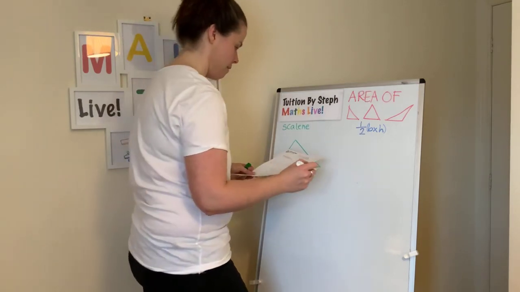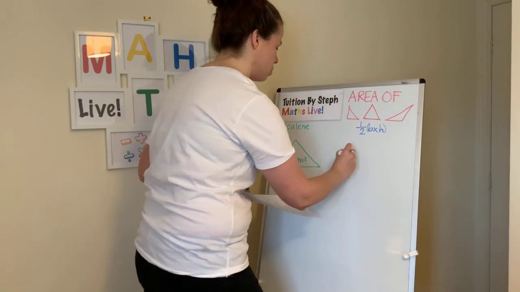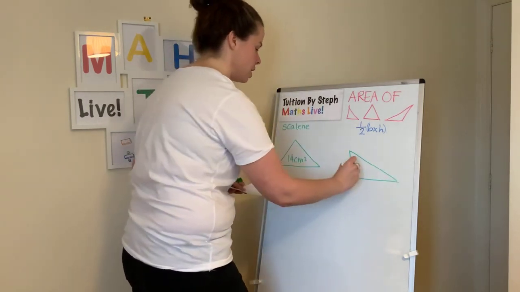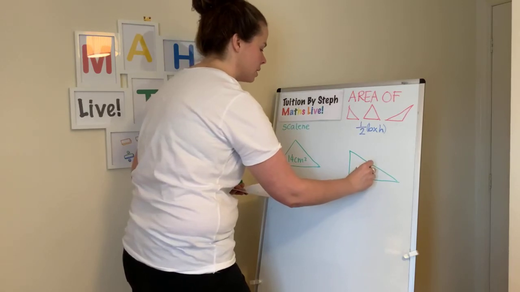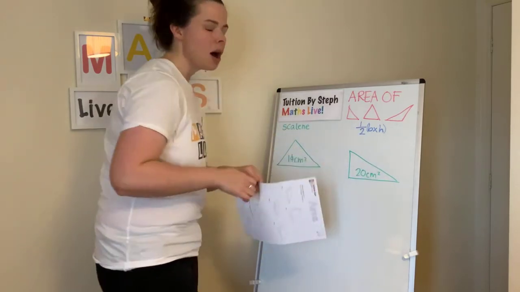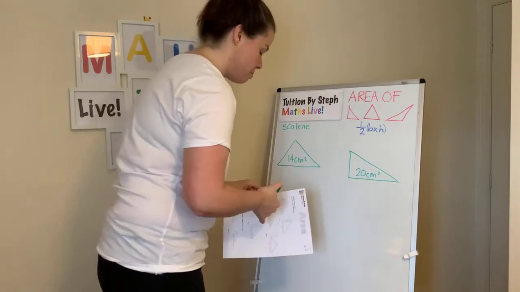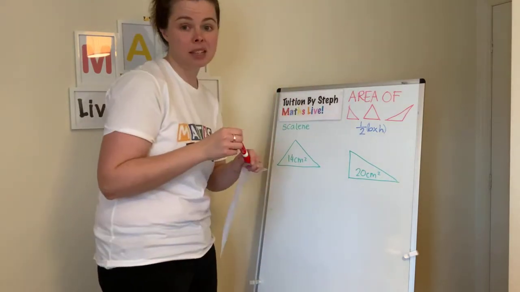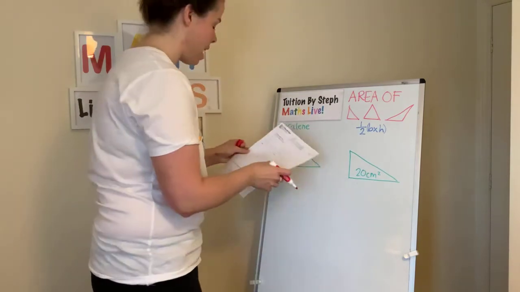We've been given the area, and we've got a right-angled triangle here, and we're told that the area is 20 centimetres squared. But you've only been given one of the measurements, and you have to work out what the other measurement is that would make the area.